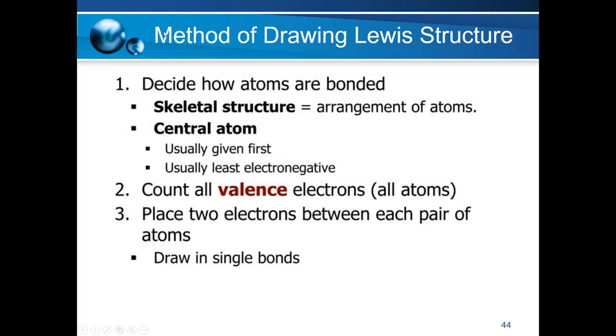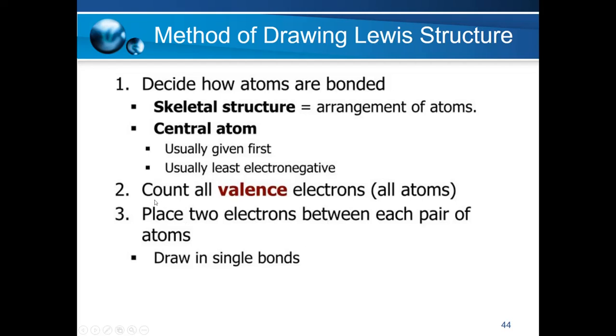Okay, this is the method of drawing a Lewis structure. First, decide how atoms are bonded. You need to draw the skeletal structure, the arrangement of atoms. The central atom is usually given first and is usually the least electronegative.